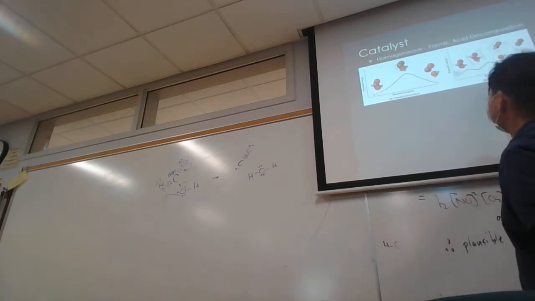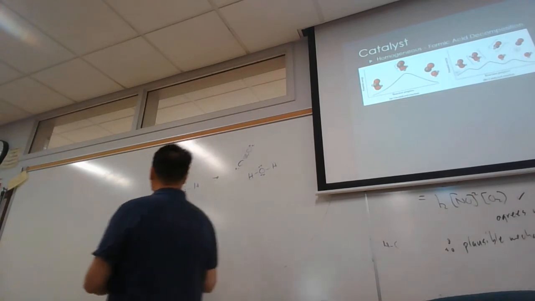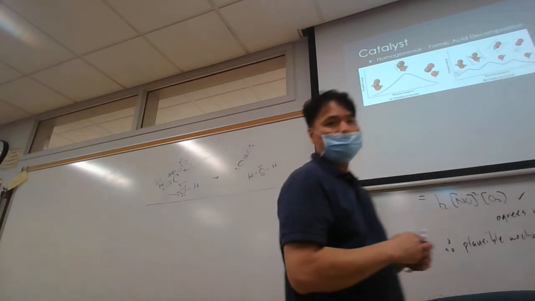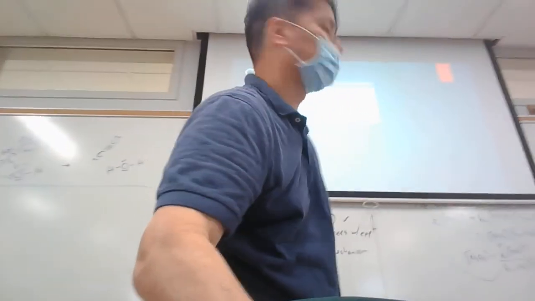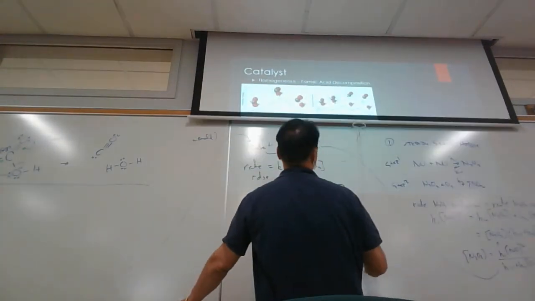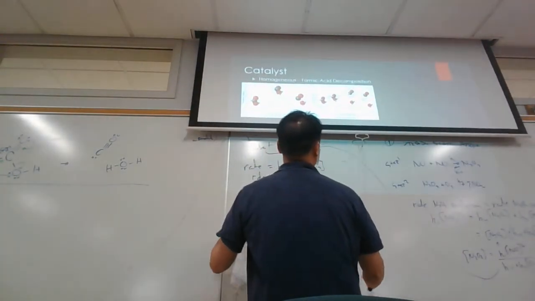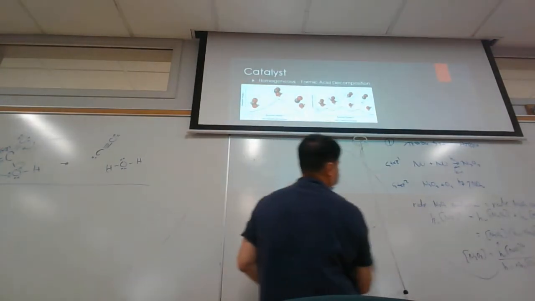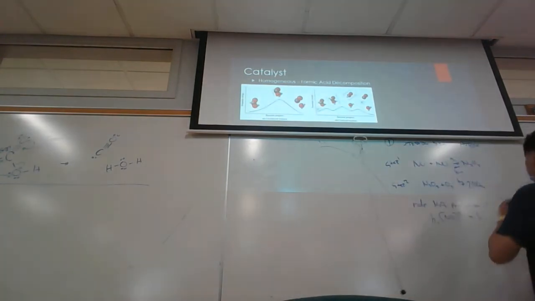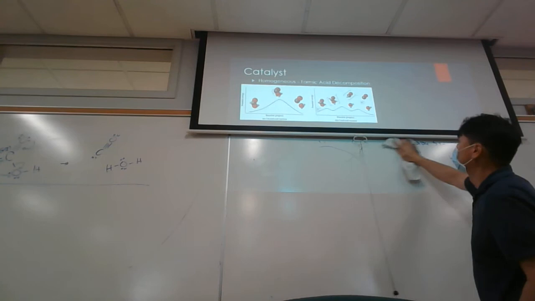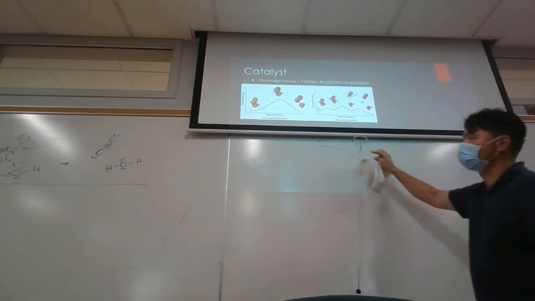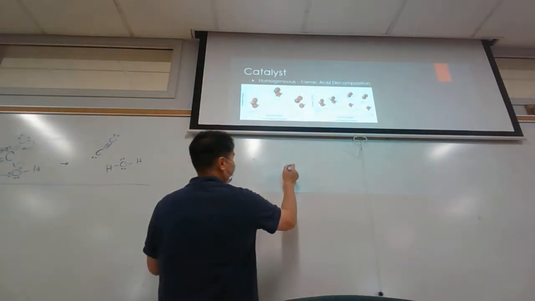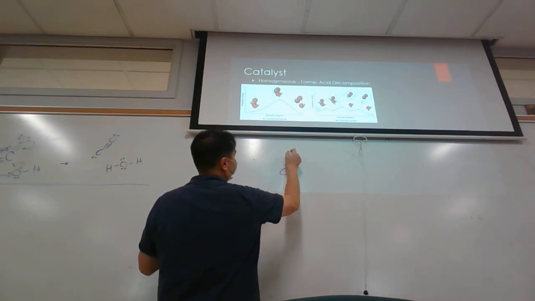What if we use an acid catalyst, though? And so this is the uncatalyzed reaction. If we use a catalyst in this reaction, then we can see that it's going to change the energetics of this quite a bit.